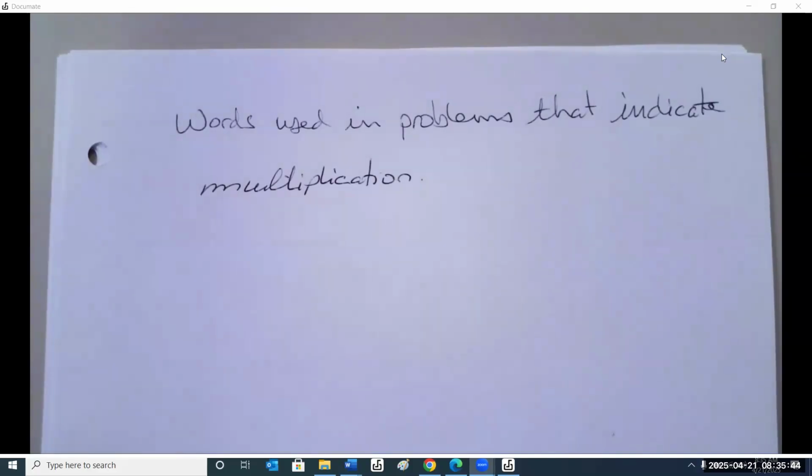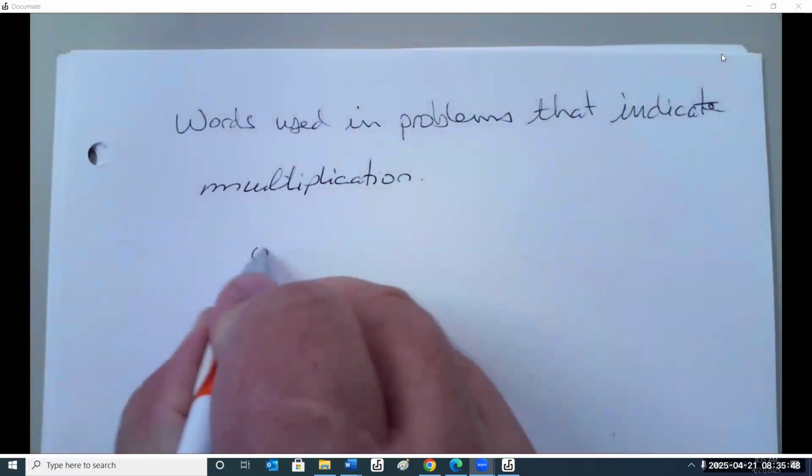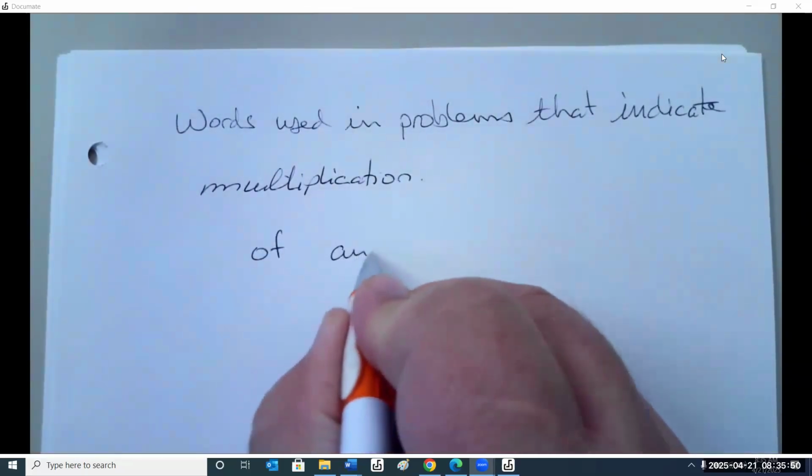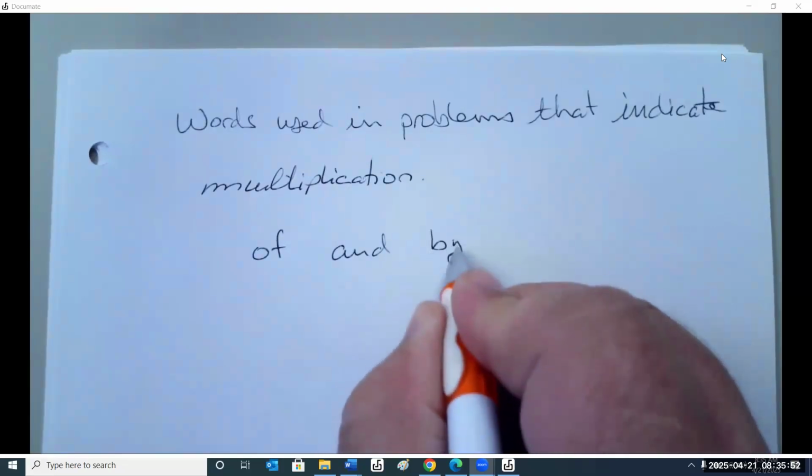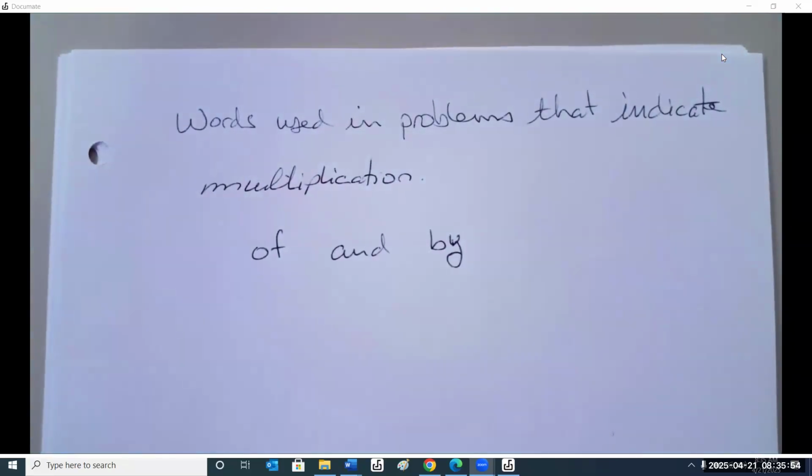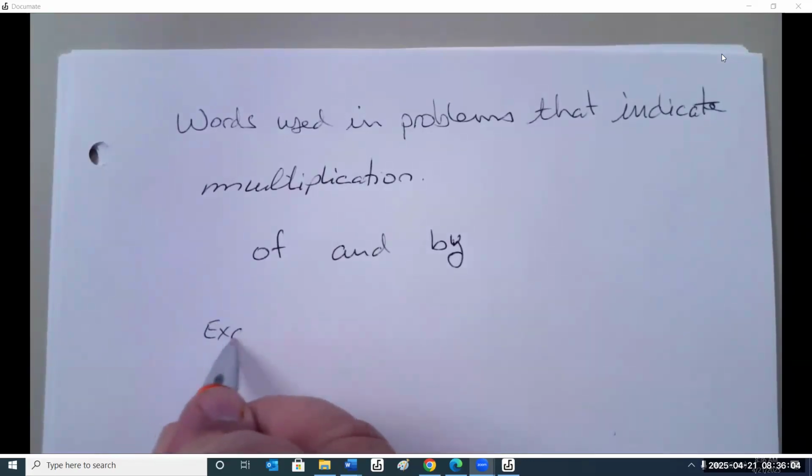Besides the obvious ones of times, multiply, and so on: of and by. Examples.